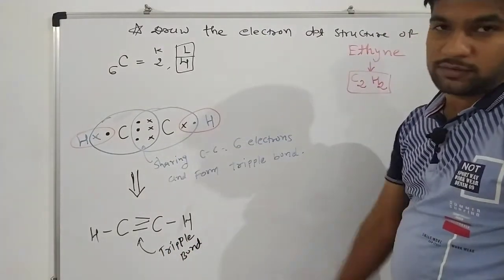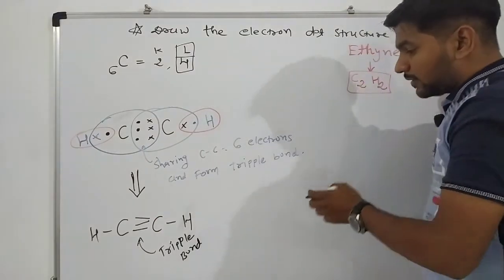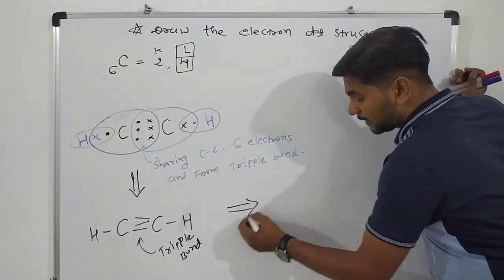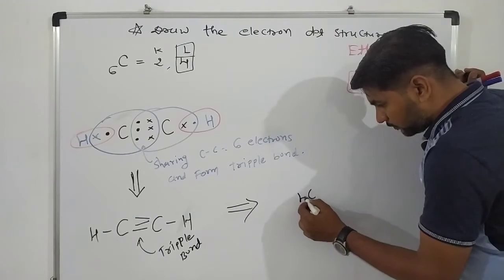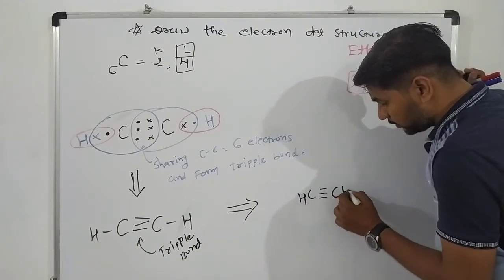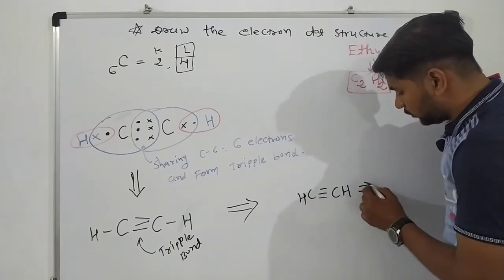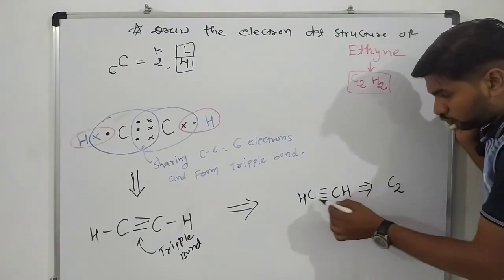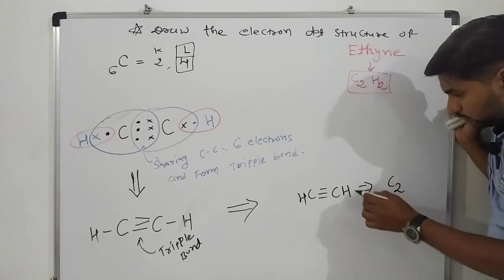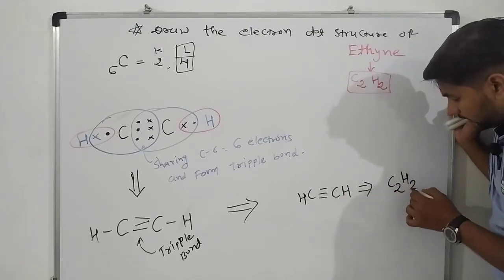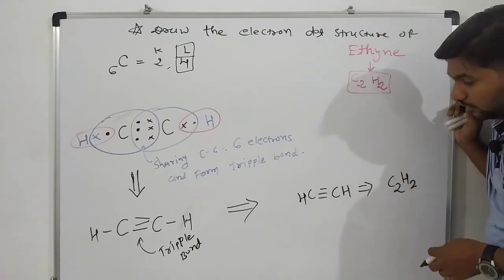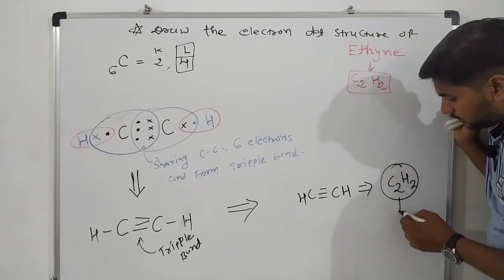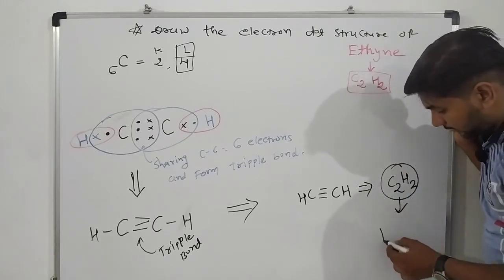It is sharing of electrons. Okay. We can also write the ethyne structure like this, CH triple bond CH, and also we can write C2 2 carbon, H2. Okay, and the name of this compound is ethyne.